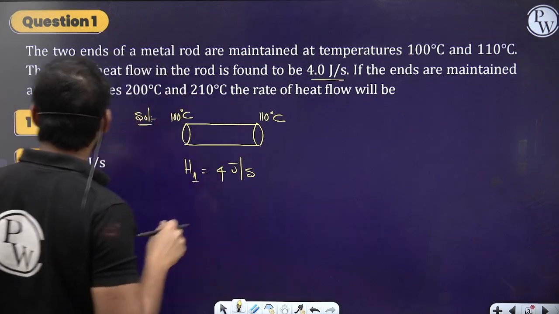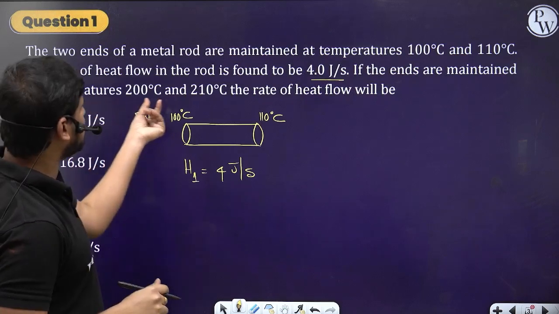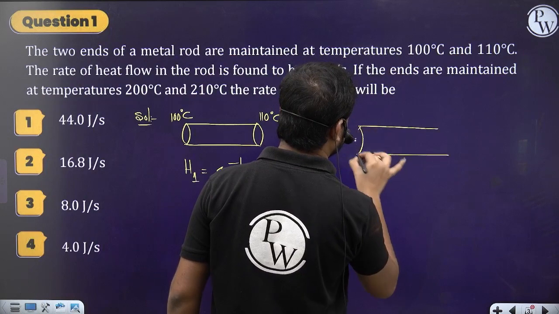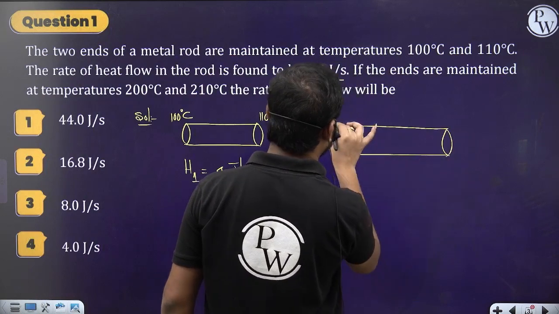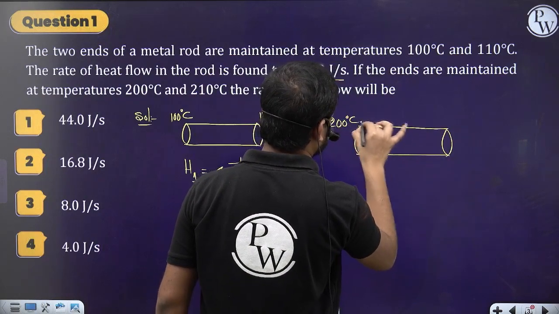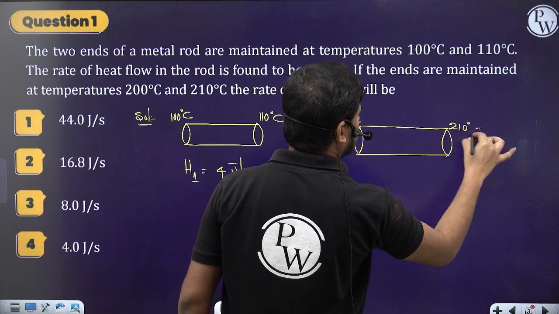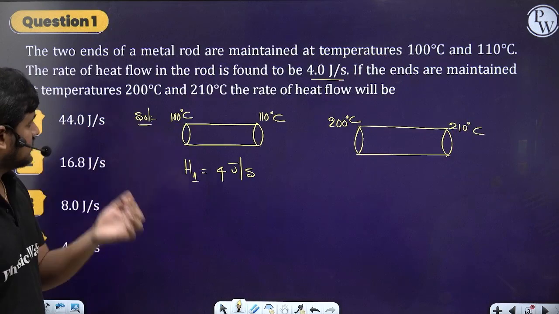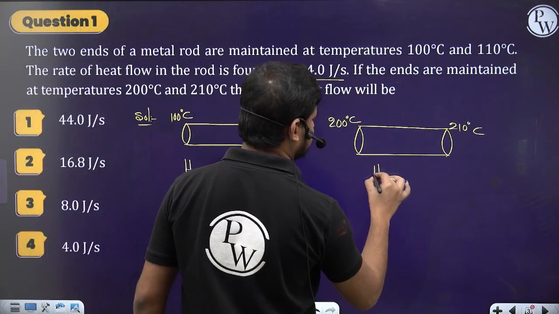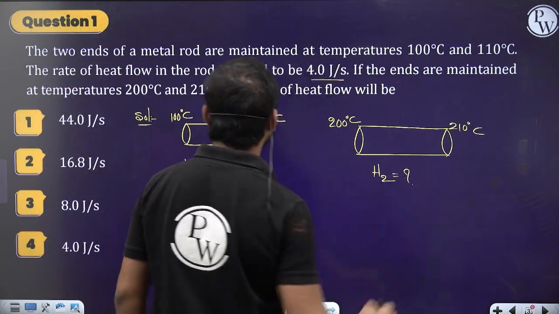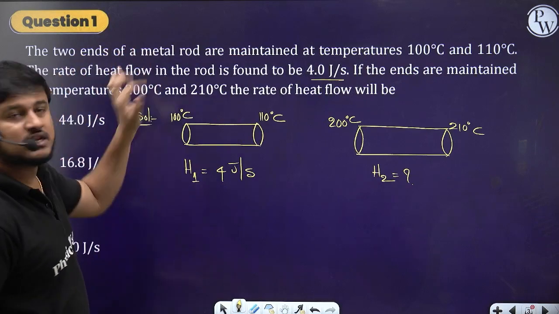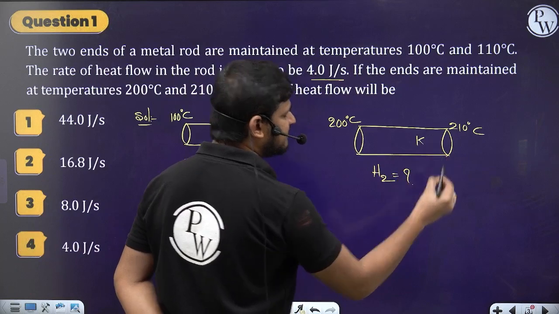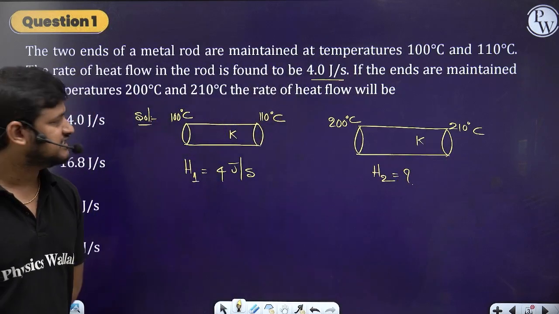So if the ends are maintained at the temperatures 200 and 210 degrees centigrade, then what is the heat flow? See here, they said same metal rod. So if the metal rod is same, we can consider the thermal conductivity K will be same, right?